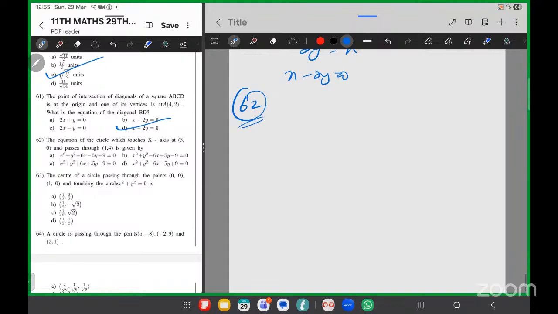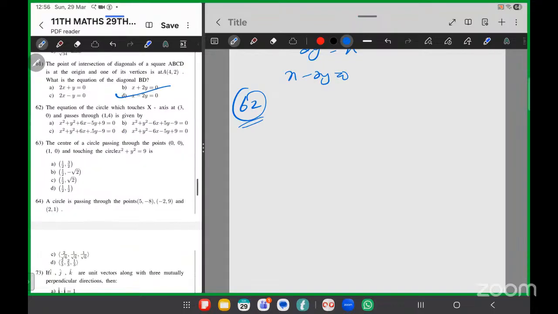Question 62. The equation of the circle which touches the x-axis at 3 comma 0 and passes through 1 comma 4.